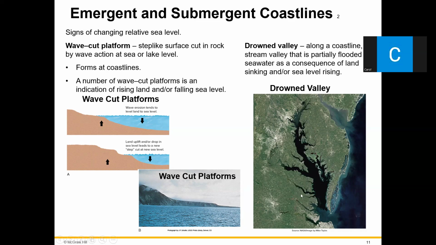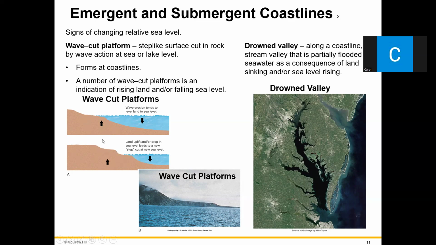And I guess I should say too, in geology, a lot of times we don't necessarily know. You see this, and just from this picture, you don't know if it was from sea level dropping, and the water used to be here and now it's dropped, or if it's from an emergent coastline where the water stayed the same, but the ground came up, because either would give you that same kind of look.